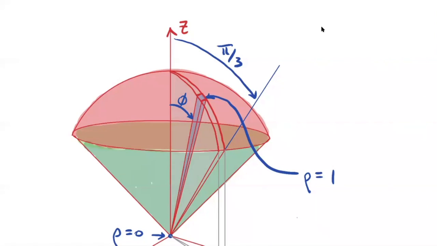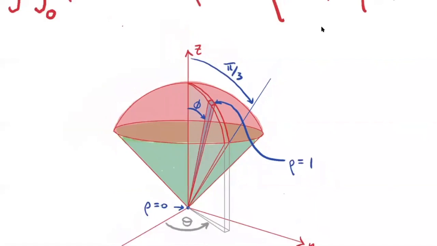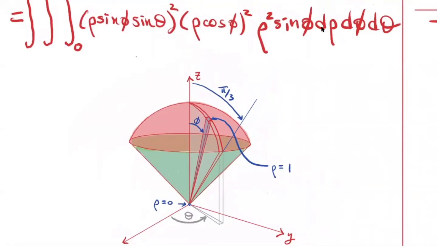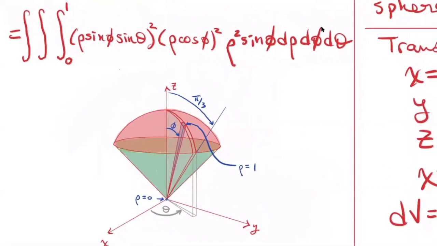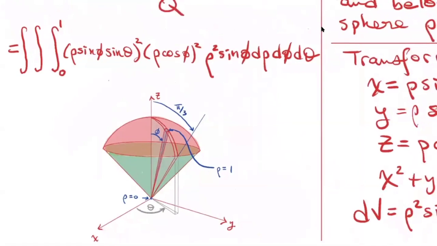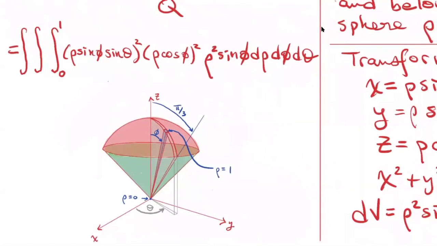So what are the limits on phi? Again, phi cannot be measured backward. It can only be measured down from the North Pole. So somebody, what to what for phi? From where?